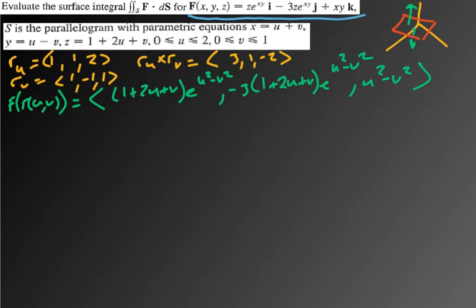I'm talking about the normal vectors to the surface. We have a choice here, and right now you can see because it's a negative z, it's going in the downwards direction. We're doing this one right now.